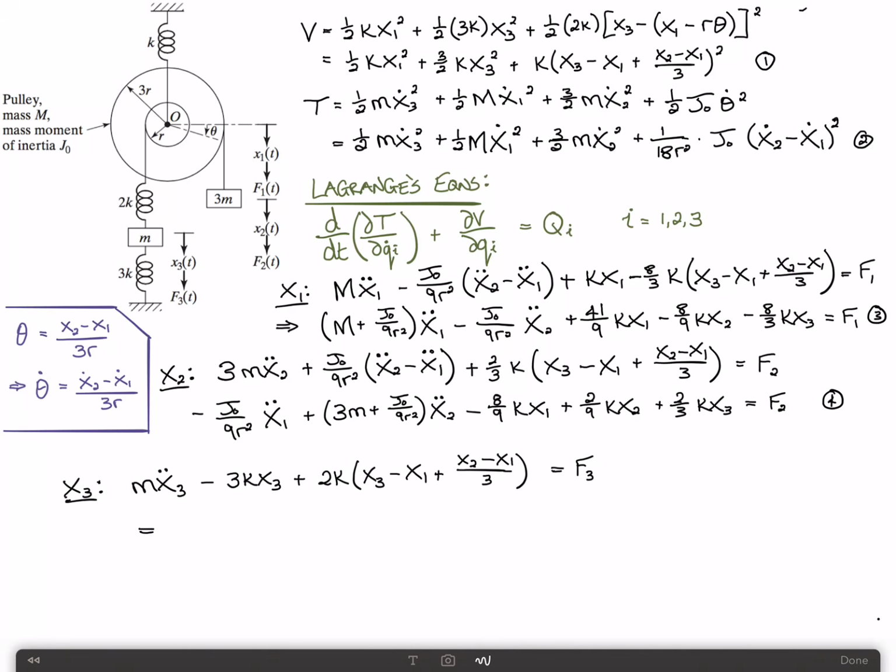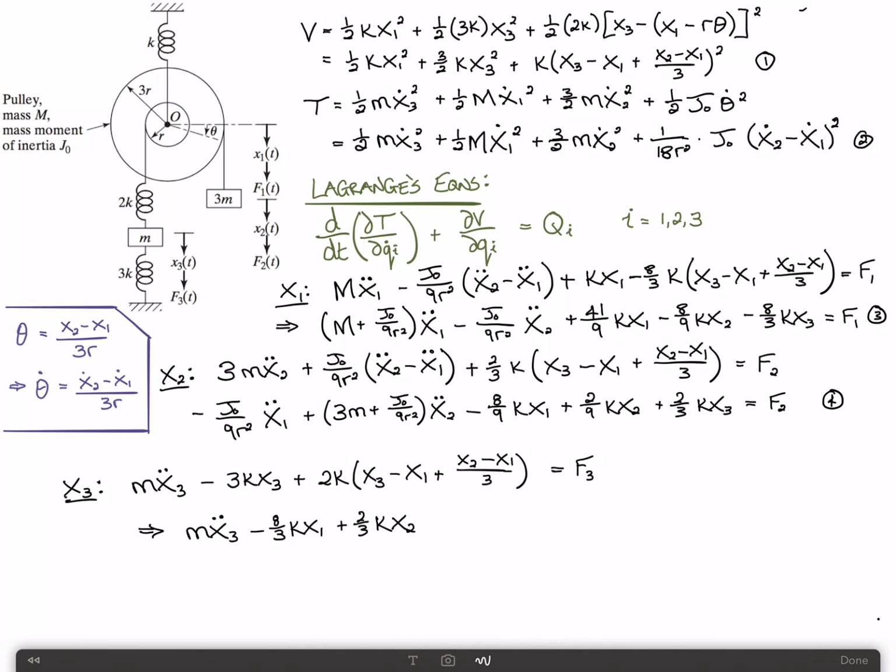Okay, simplifying this gives me m x3 double dot, minus x1 is 2, minus 2x1 minus a third x1 is minus 8 over 3. So minus 8 over 3 k x1. For x2 I get 2 over 3, plus 2 over 3 k x2.